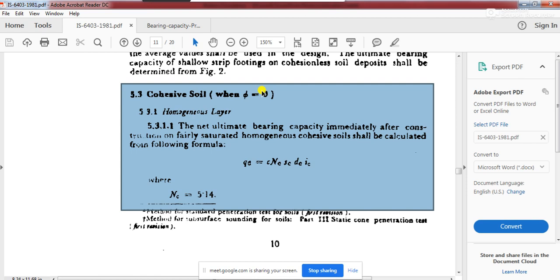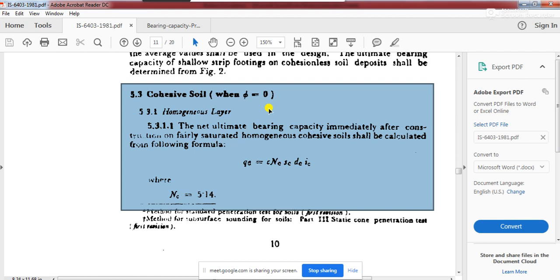And in that case the net ultimate bearing capacity, why is it called the net ultimate bearing capacity? The ultimate bearing capacity or the net ultimate bearing capacity, whichever you take, for a cohesive soil where phi is equal to 0, is going to remain the same, because you must understand the difference between ultimate bearing capacity and net ultimate bearing capacity.